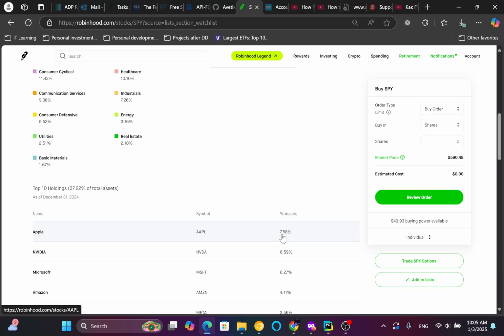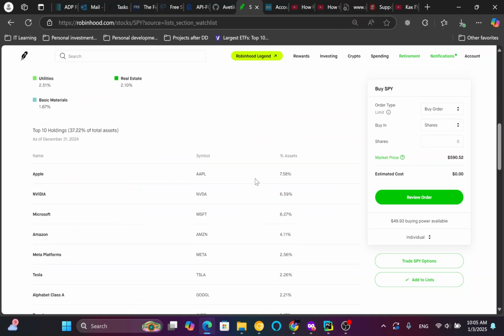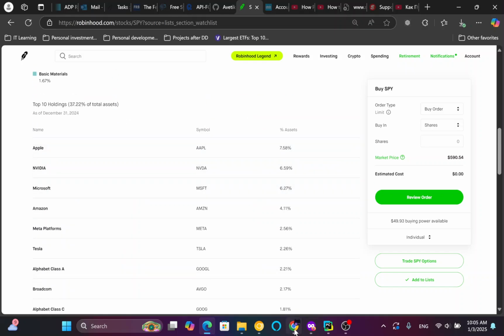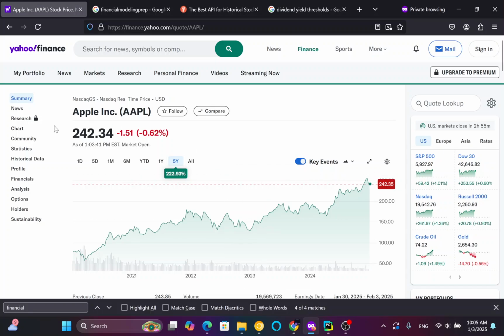About 8% of this whole fund is invested in Apple, and that's probably one of the reasons for the continuous growth of Apple, because institutional investors like funds, which we discussed yesterday, believe in Apple and continue to invest in it.